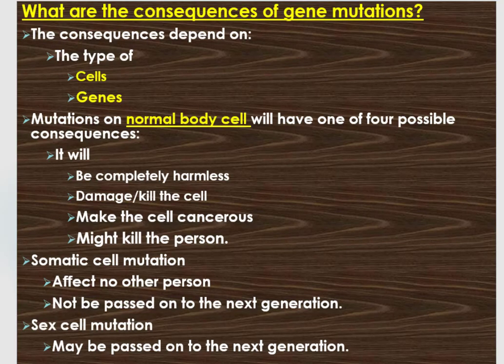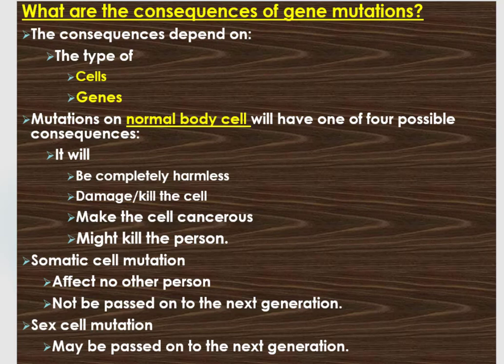What are the consequences of gene mutation? The consequences of gene mutation depend on the type of cells and the genes where this mutation occurs. If this mutation happens on active or more fundamental cells and genes, the problem might be serious.